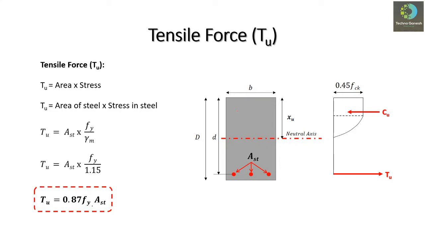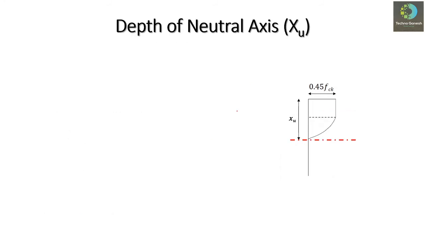Similarly, as we derived the equation for the compressive force, Cu equals 0.36 fck Xu into b, we are also going to utilize this equation, Tu equals 0.87 fy into Ast. Now let us move to the next point, that is the depth of neutral axis.